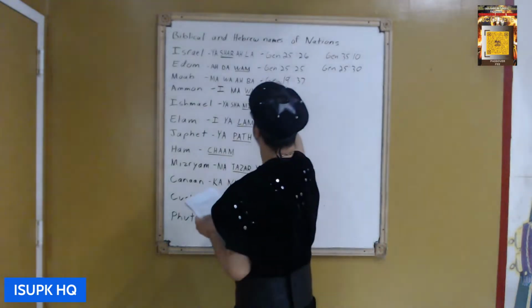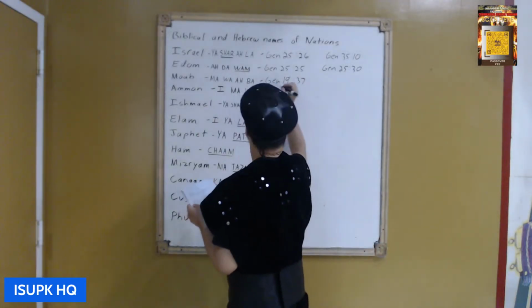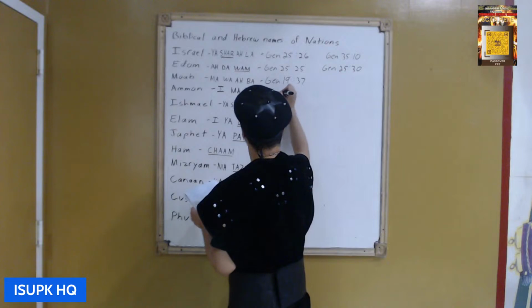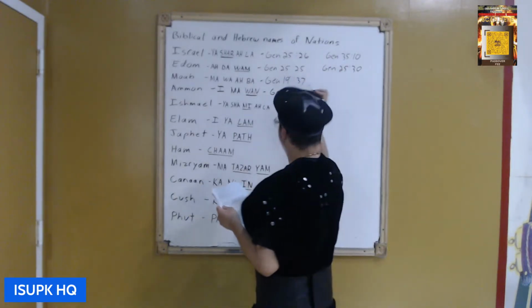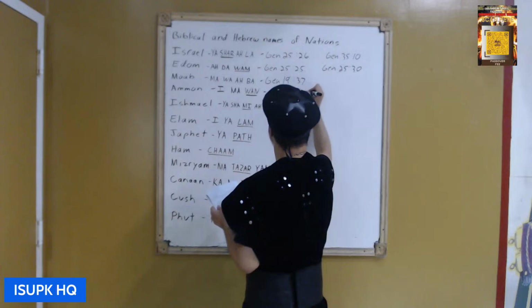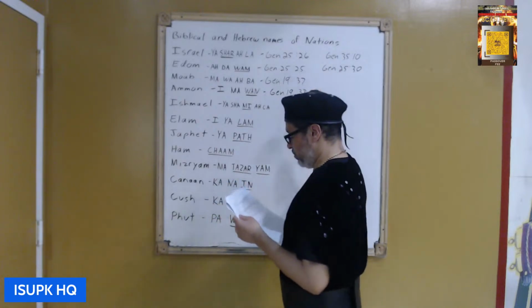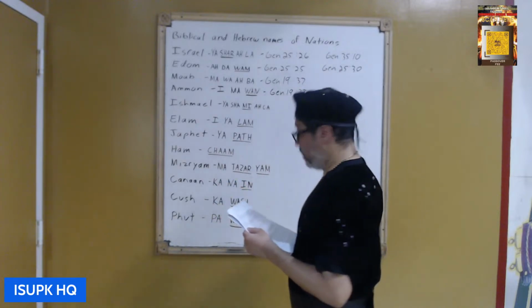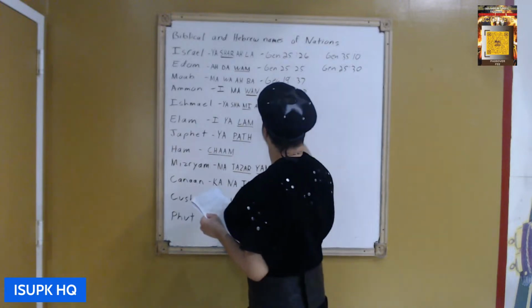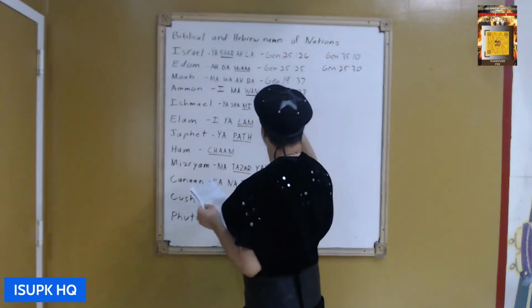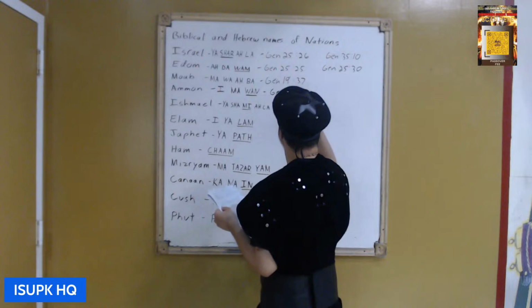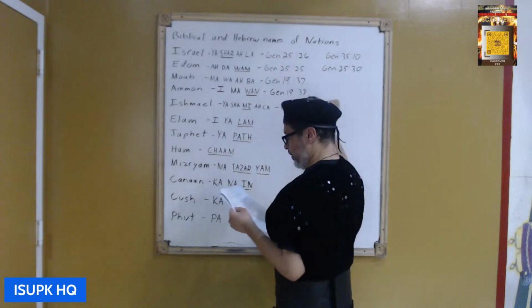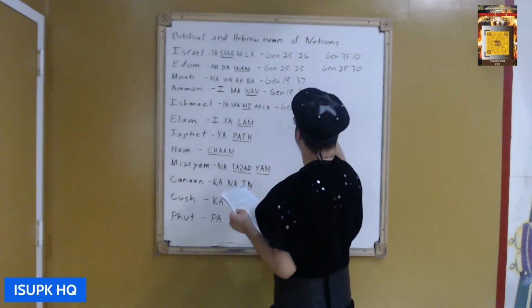Ammon is in Genesis 19 and verse 38. Ishmael is in Genesis 16 and verse 11.